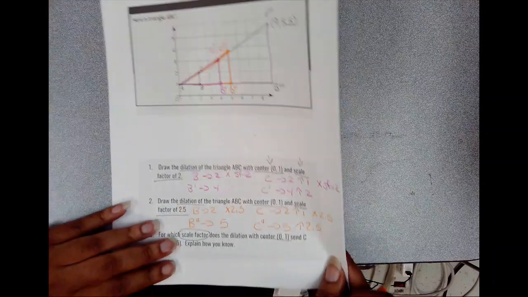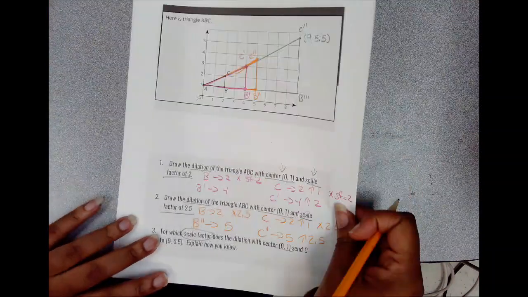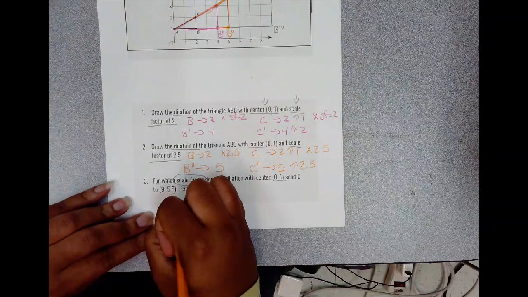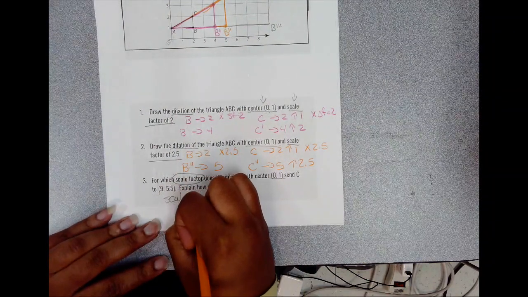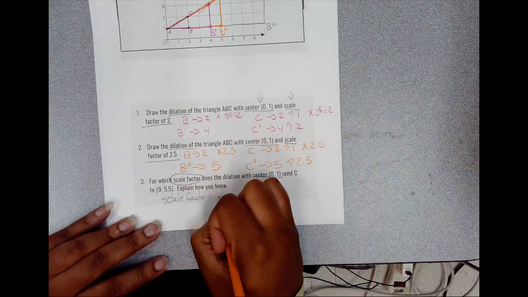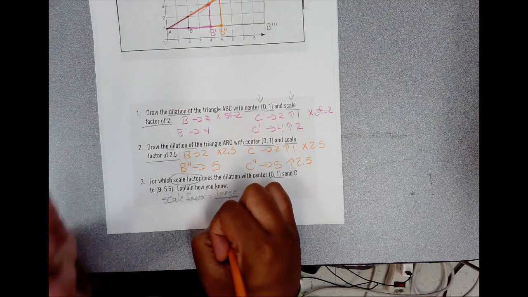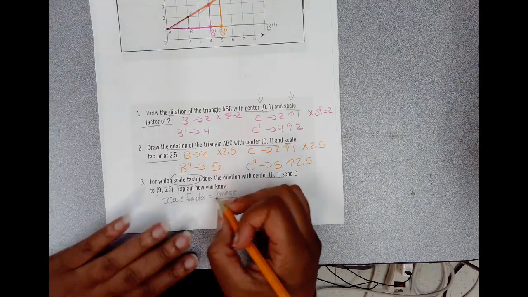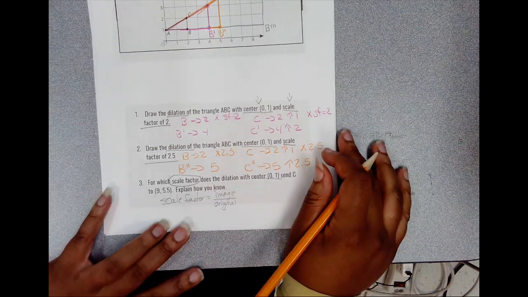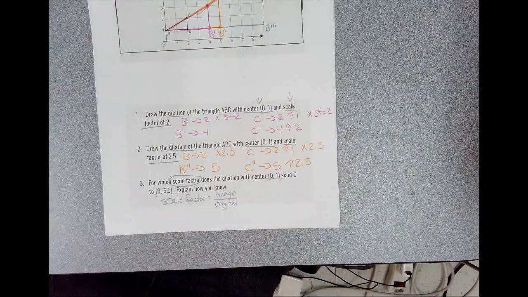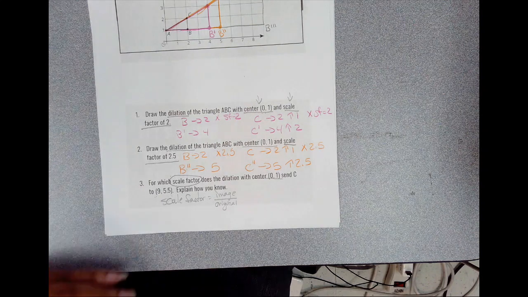So to find out what the scale factor is, we have to remember that the scale factor is the image divided by the original. So we need to find the distance away each one is from the center of dilation to help us find the scale factor.